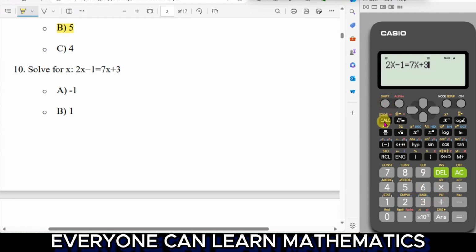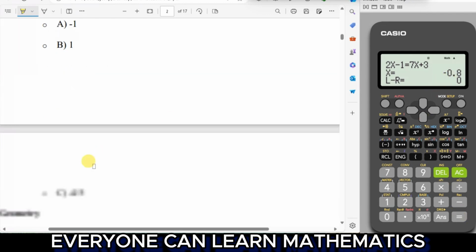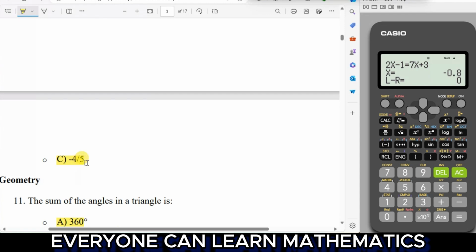Then shift solve. So this is what I was explaining. So this is not the answer. We are now going to solve for x. And the answer is what? Negative 0.8, which is the same as negative 4 over 5. Okay, so once you get a decimal point, you can convert it to your correct numeral that you want to get, right?